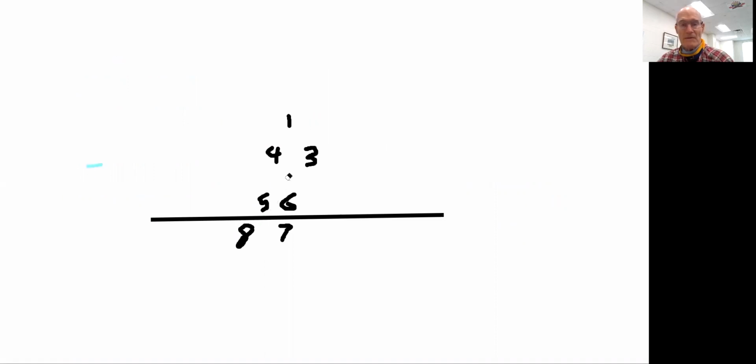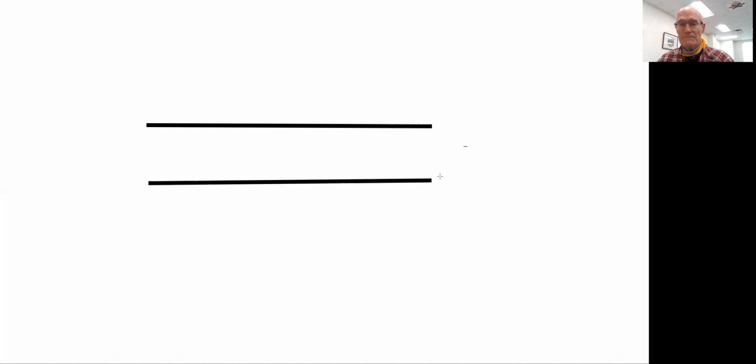This is the type of problem that you will see with these types of theorems. So if we come back here and draw our picture again, we have our 2 parallel lines, and they're cut by a transversal like this.